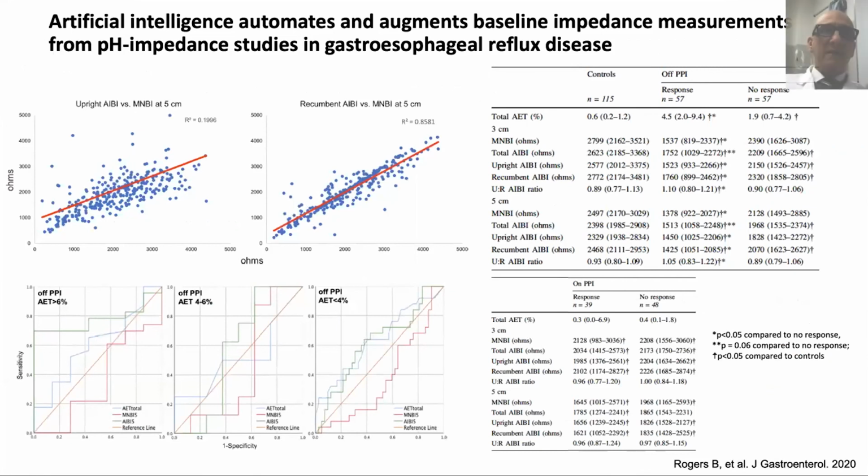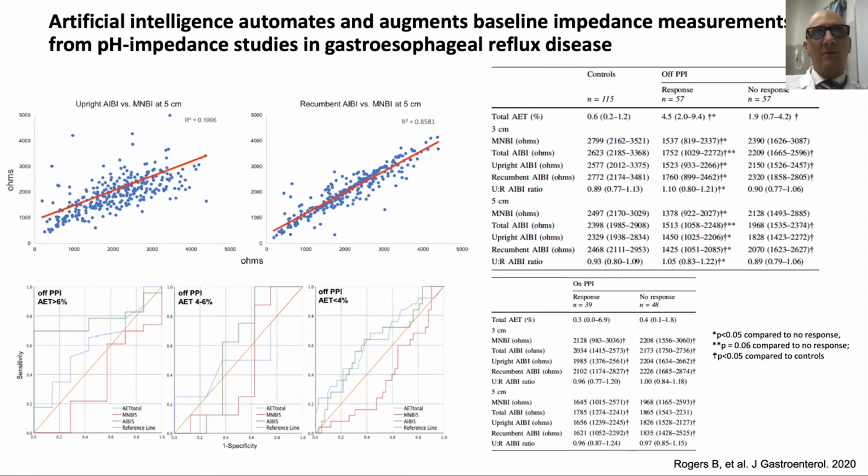This is my last slide because I would like to present the future of pH impedance testing. Prakash Gyawali and Edoardo Savarino evaluated the role of artificial intelligence in pH impedance analysis.